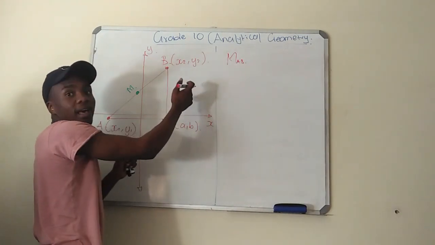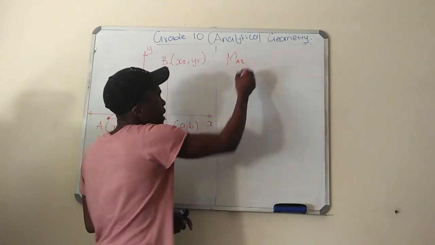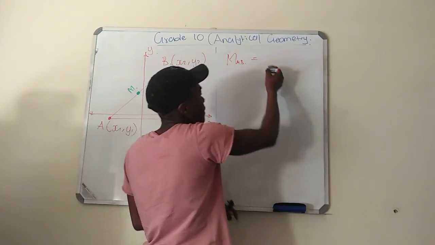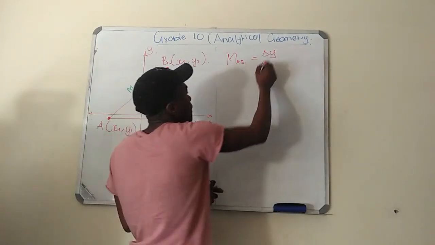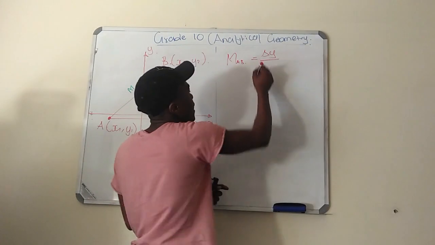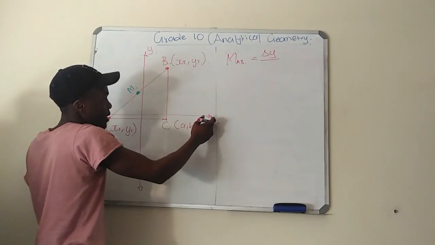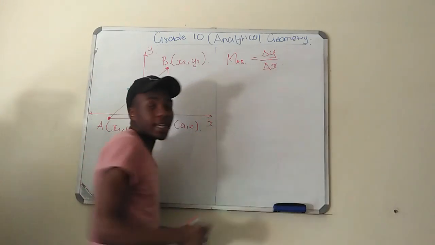I'm still working with these 2 points, A and B. The gradient of AB is the ratio of the change in Y over the change in X.